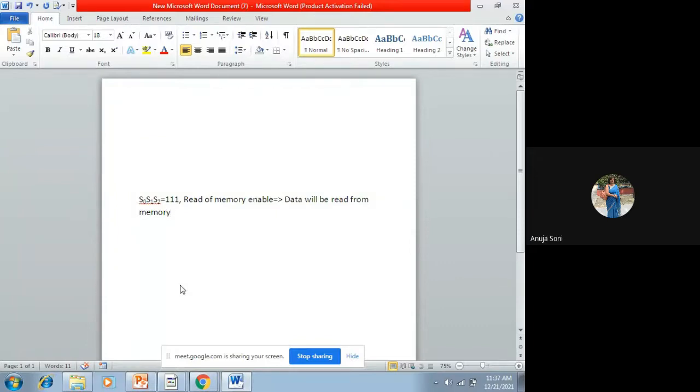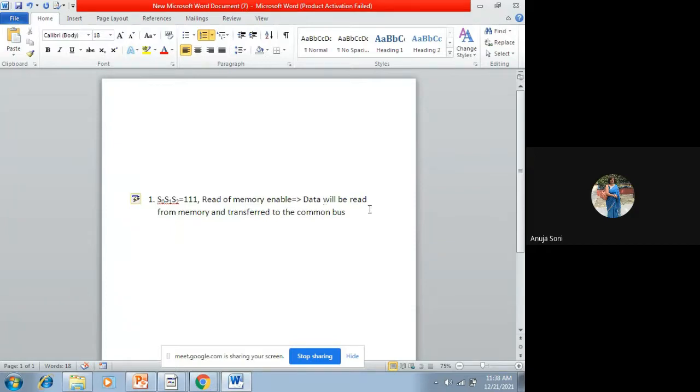The data will be read from the memory and transferred to the common bus. Means corresponding to this statement, 2 micro operations will take place. This is one of the micro operations. Internally, this one activity will take place.